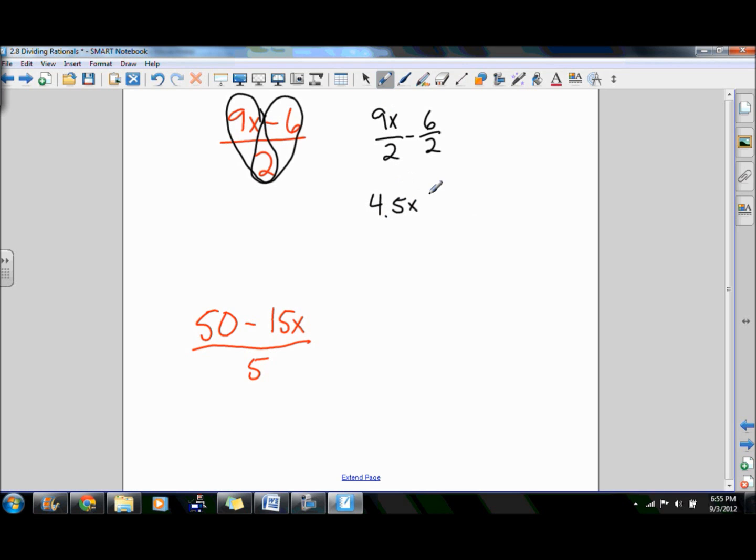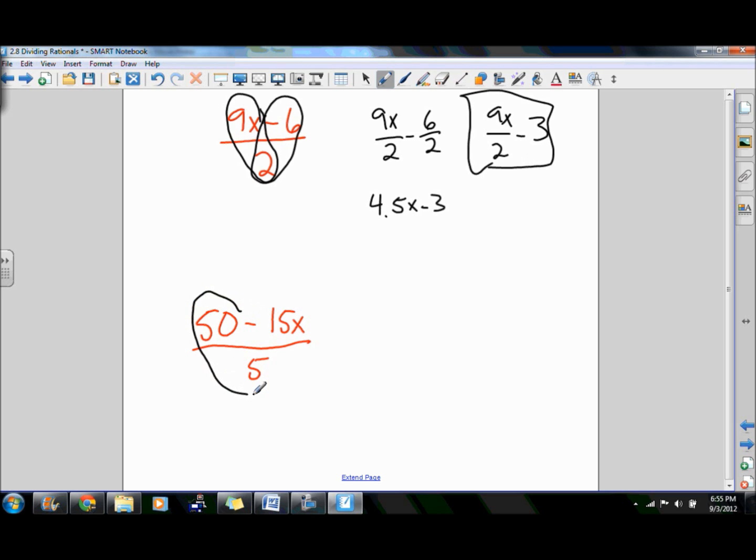So you could have done 4.5x minus 3. That would be okay. But I probably would say just leave it as the original one. You could have also left it as 9x over 2 minus 3. That is also mathematically correct, too. As long as you didn't do something wildly different than any of those, just fine.